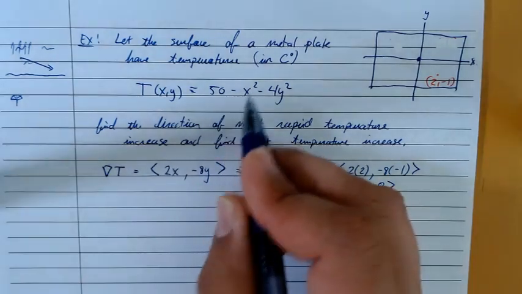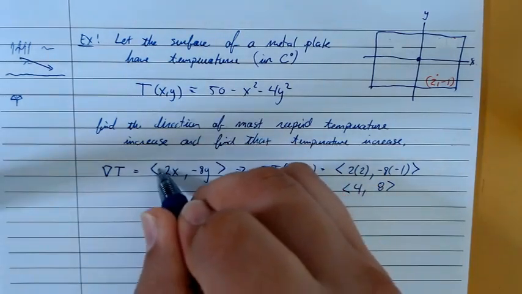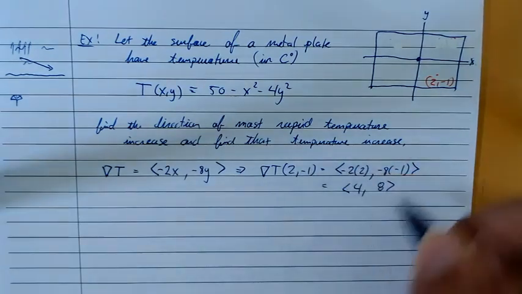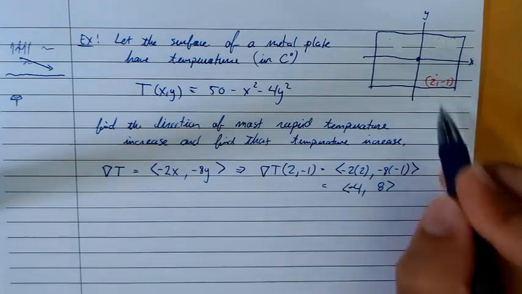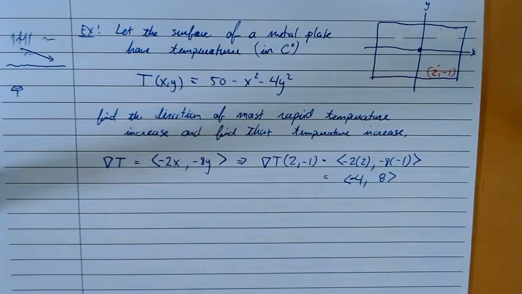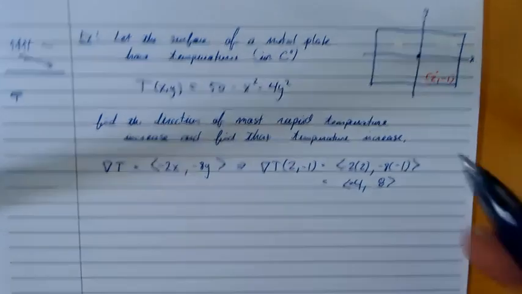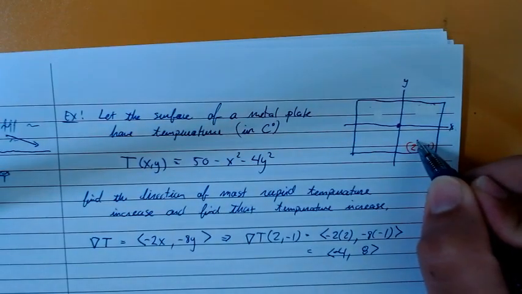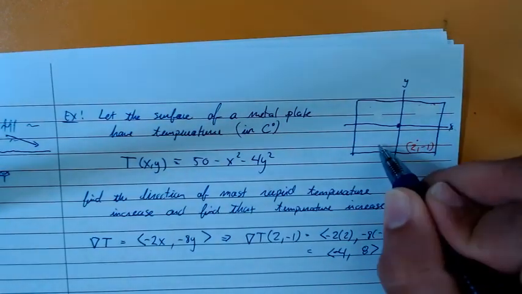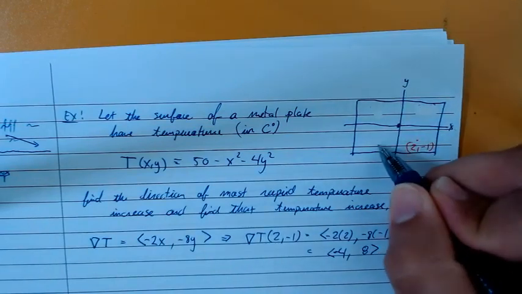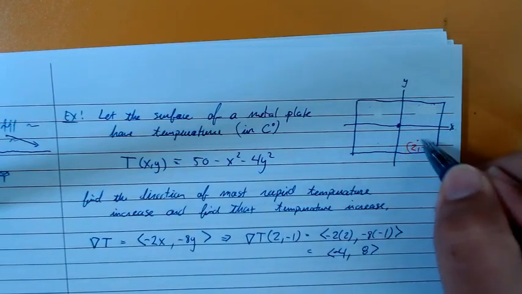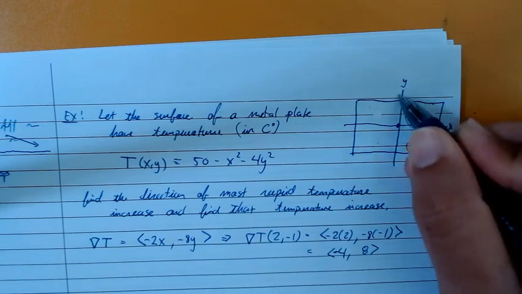Here, the partial with respect to x was supposed to be negative 2x. So that should be negative 2 times 2. So there we go. My gradient at that point is going to be negative 4, 8. So here I want to go left 4 steps and up by 8. So that would be over here and then way up here somewhere. So my gradient would be going in this direction.